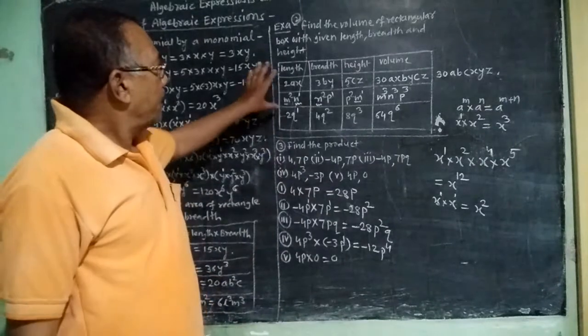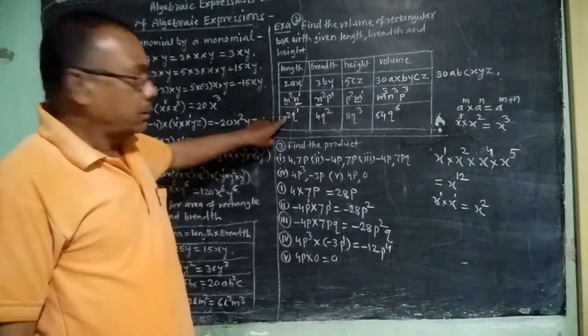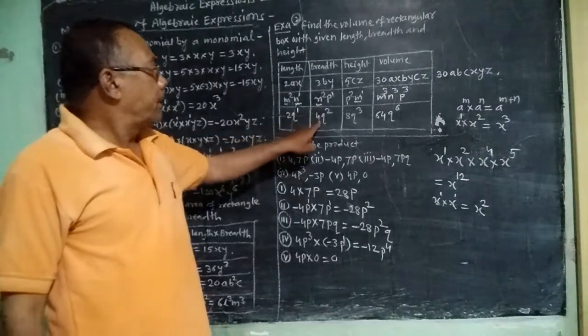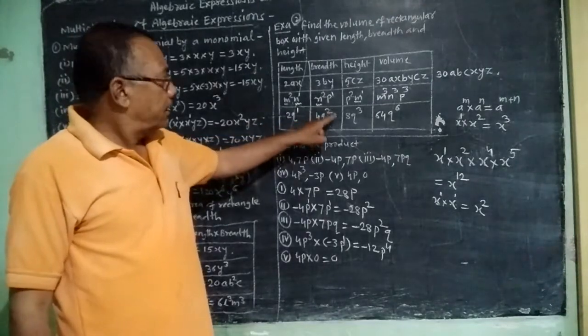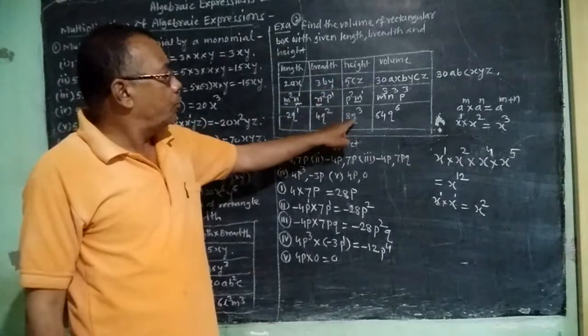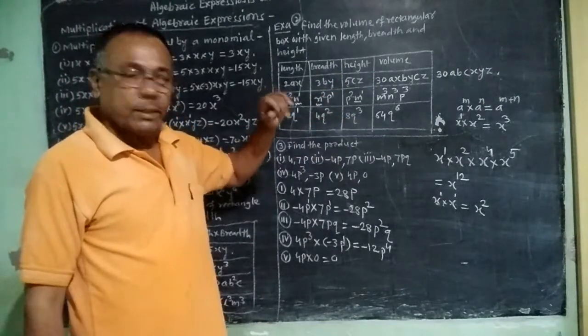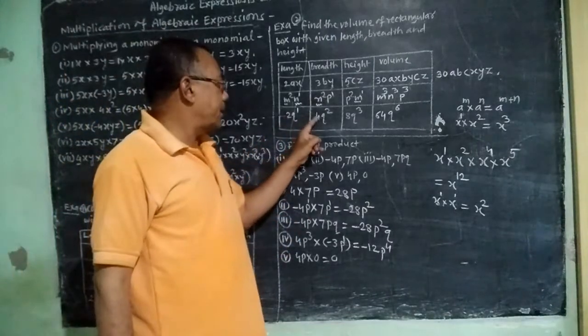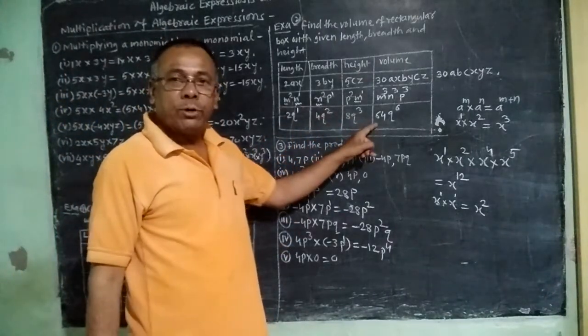Now in the third example, length is 2q, breadth is 4q square, and height is 8q cube. First of all, we will multiply the coefficients, that is 2 4s are 8 and 8 8s are 64.